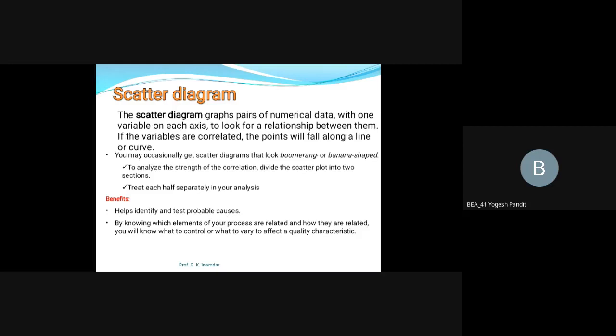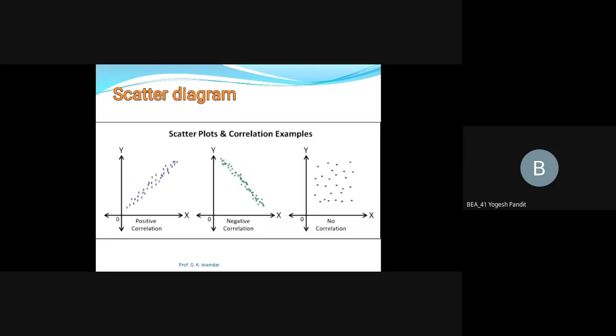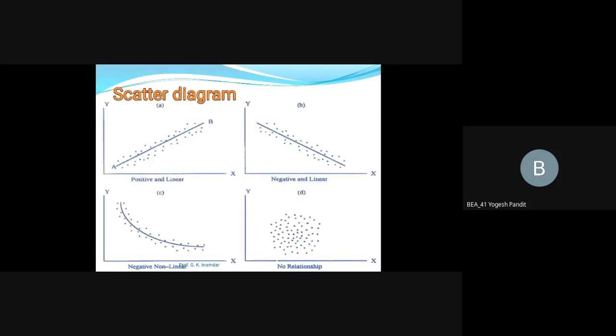Suppose you know about the share market or stock market, these types of scatter diagrams are used. These are examples of the scatter diagram: positive and linear, negative and linear, negative non-linear, no relationship. This type of reading may be observed.